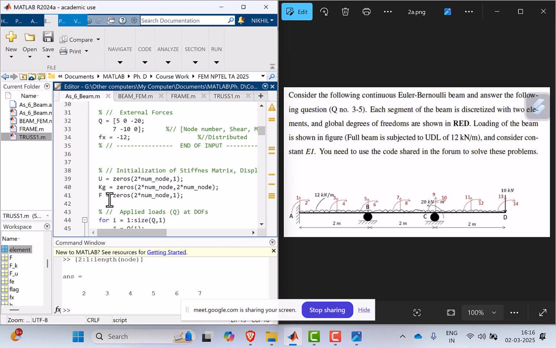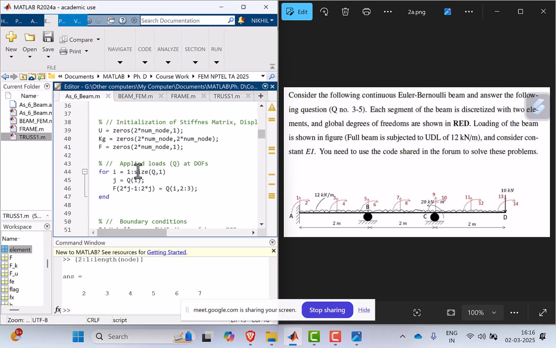We know the size from the degrees of freedom and the number of nodes: the displacement vector will be 2 into number of nodes by 1, k global will be 2 into number of nodes by 2 into number of nodes, and similarly f will be 2 into number of nodes by 1.